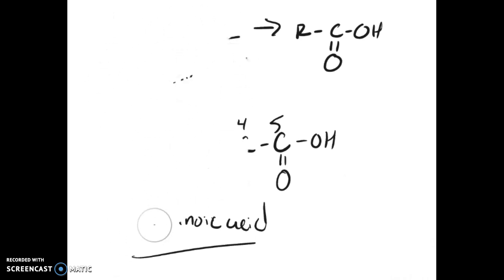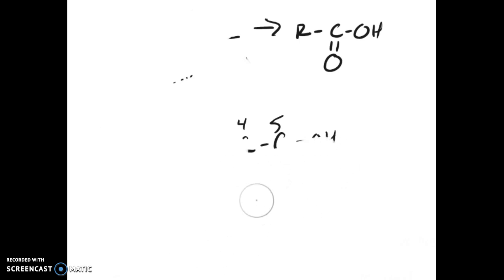Now, after this, we have the esters group. Now, esters are organic compounds that contain a carboxylic acid group where the H of the hydroxyl group is replaced with an alkyl group. Now, that is a very long-winded way of saying it looks like this.